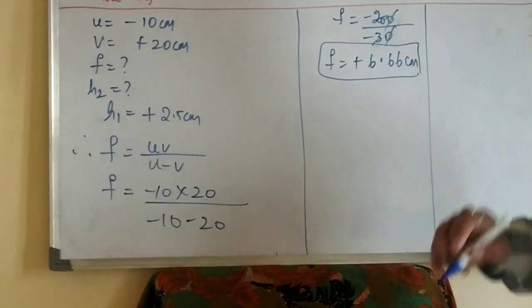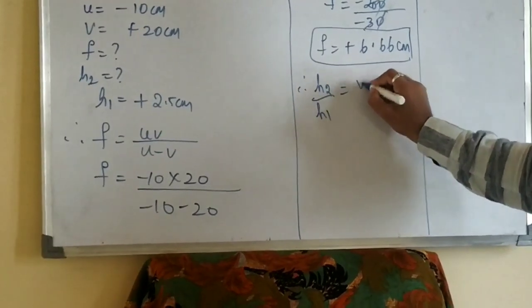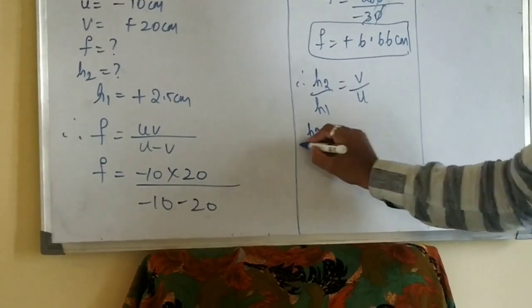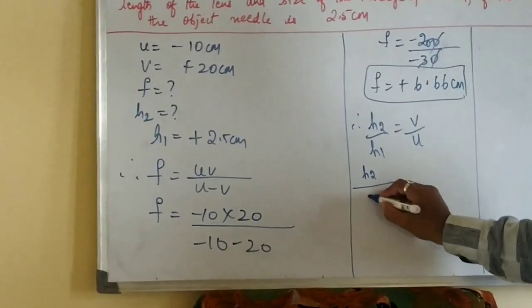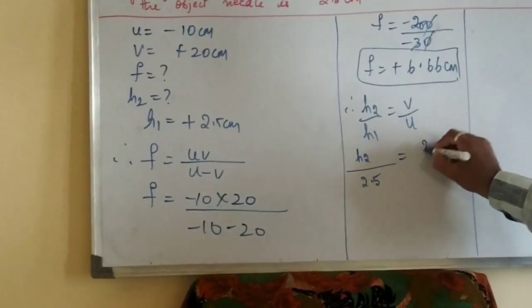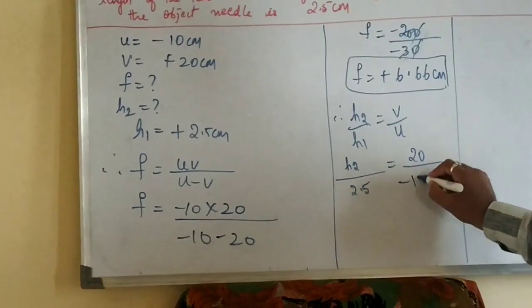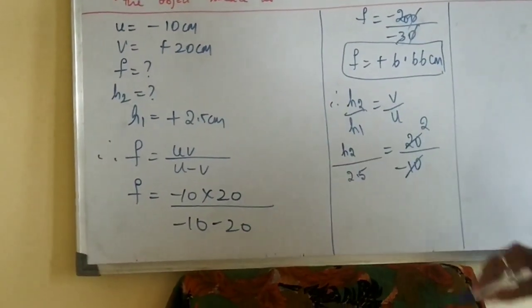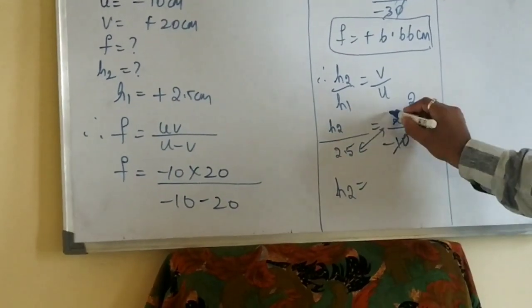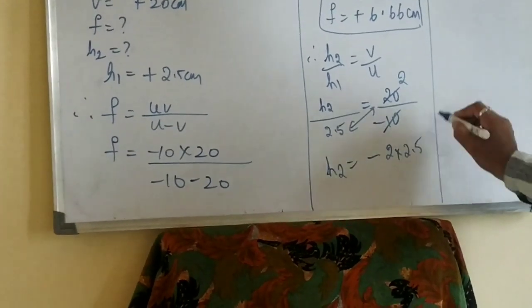Now, you have to find out the height of the image. Use the ratio formula: you know that h2 by h1 is equal to v by u. So h2 divided by h1, that is 2.5, is equal to v, that is 20, divided by u, that is minus 10. 10 ones are 10, 10 twos are 20. Cross multiplying with the negative sign going upwards, h2 is equal to minus 2 into 2.5.